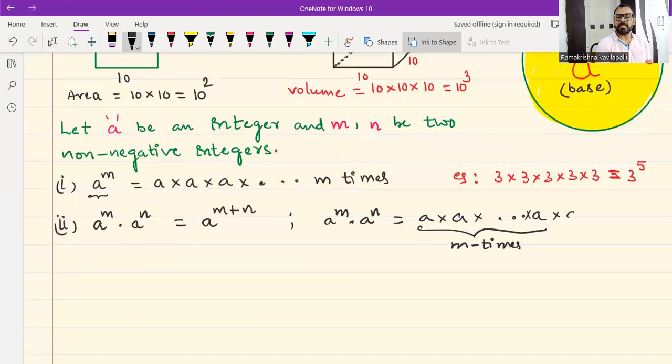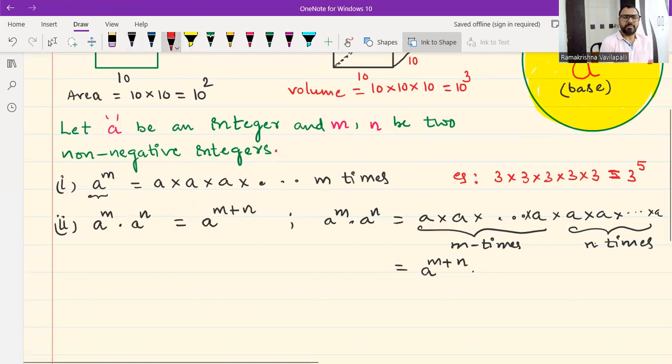And the same quantity a is multiplied n times. So same quantity is multiplied m plus n times. So this is nothing but a to the power of, we are multiplying a m plus n times. So we write this is m plus n.